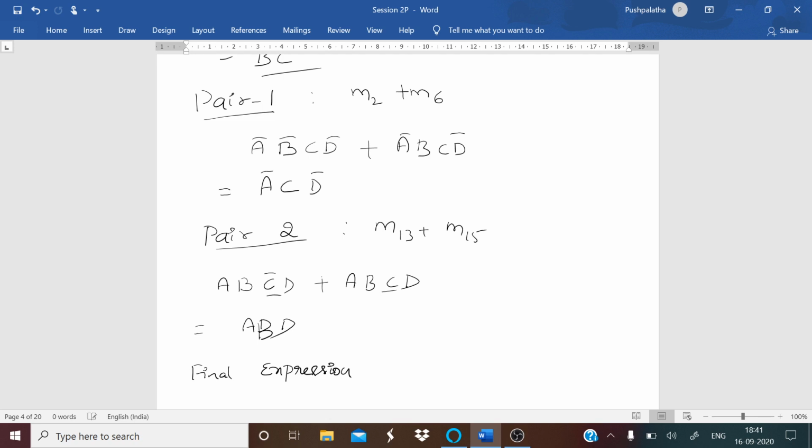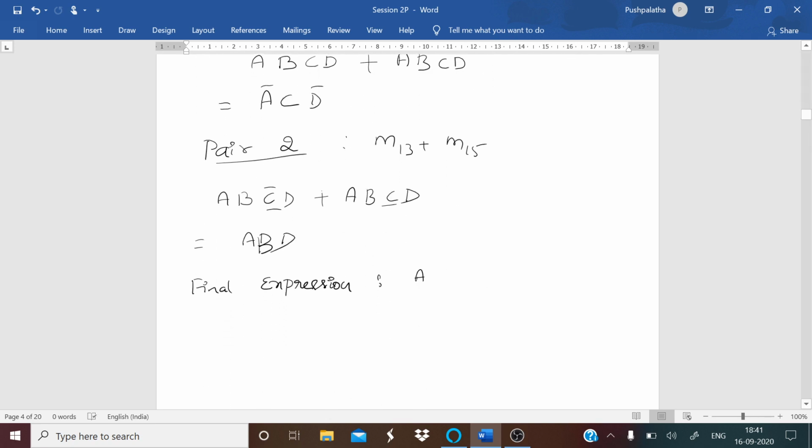So final expression is, what is the quad? Quad is your BC. So BC plus A bar C D bar plus A B D.